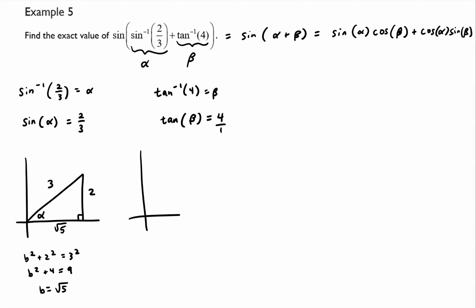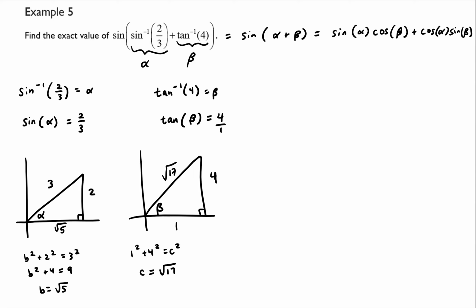Okay, so similarly, here's my angle beta. I know that tangent is opposite over adjacent, and so we need to figure out the length of the hypotenuse. So we get 1 squared plus 4 squared is equal to c squared, and we'll get c is equal to the square root of 17.